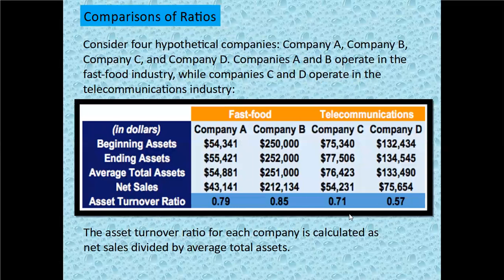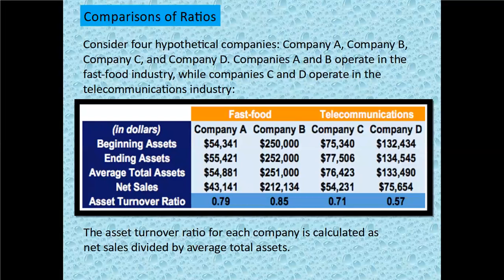Here is a comparison of different companies. And remember one thing, that you cannot compare companies from completely different industries. That won't make sense, because the way sales happen in different sectors varies a lot.